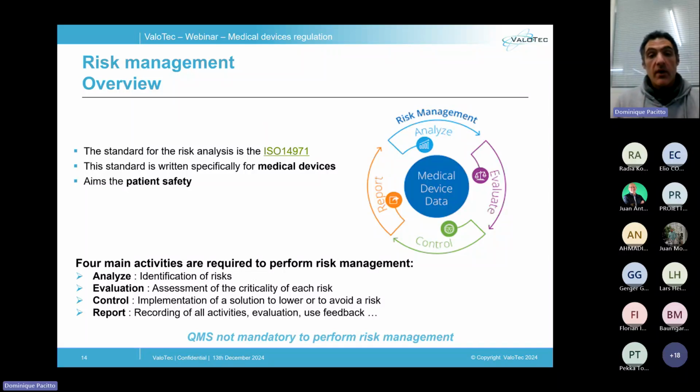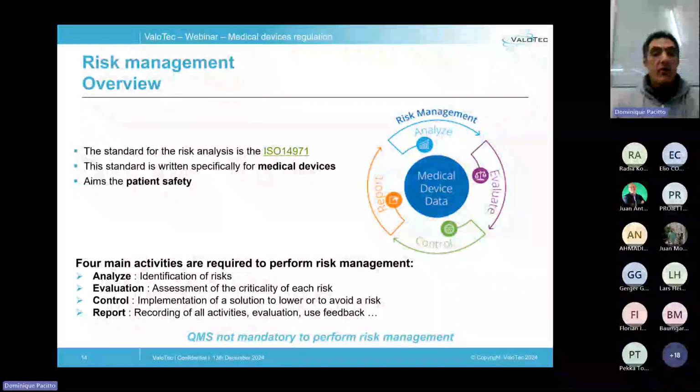in every sector usually requires that the manufacturer leads 4 main activities called AECR activity. So the A for analyze, an activity aiming to consider all the possible events in order to identify the related risks.